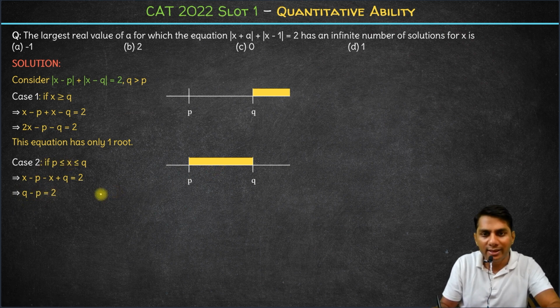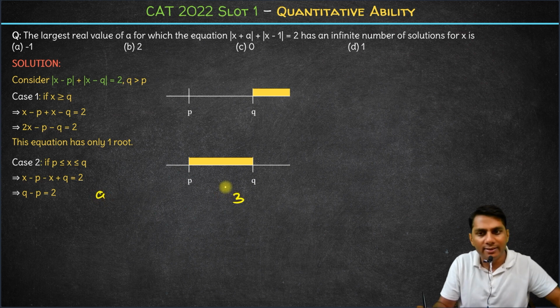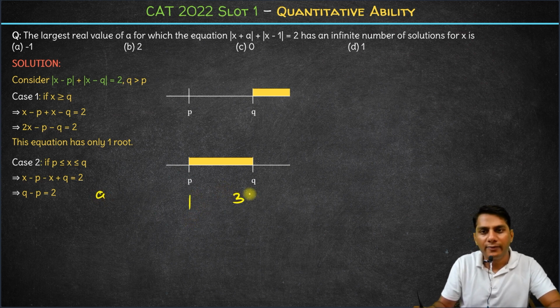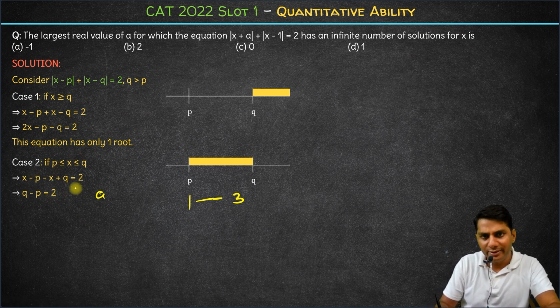For example, let's take q equal to 3 and p equal to 1. If q is 3 and p is 1, then for any value of x between 1 and 3, this will always be true. So for this situation, x can take any value between 1 and 3, so x will take infinite values.